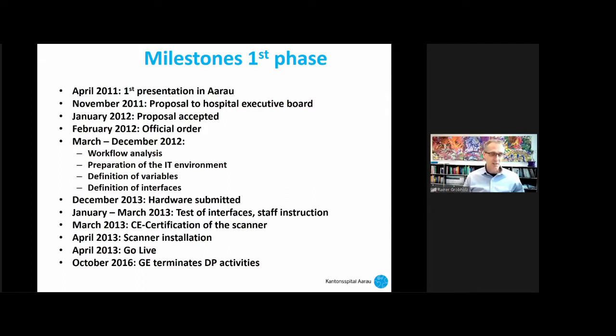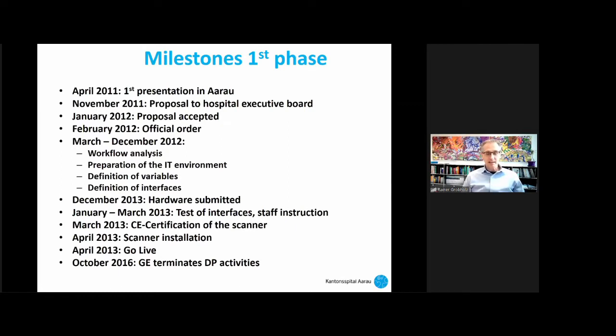In 2016, GE said they wanted to terminate their DP activities. That was really shocking, and I was very much around to see who could be a successor for our system.